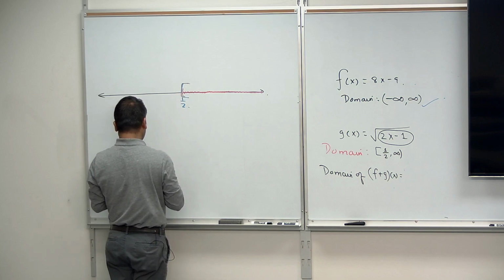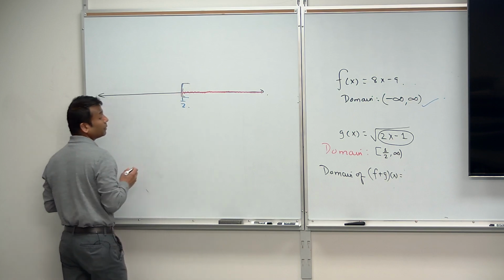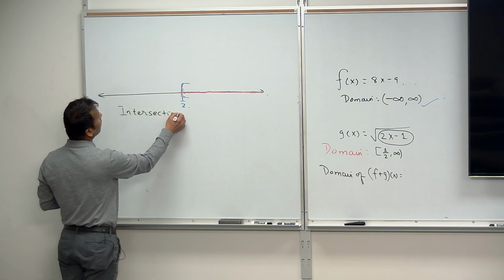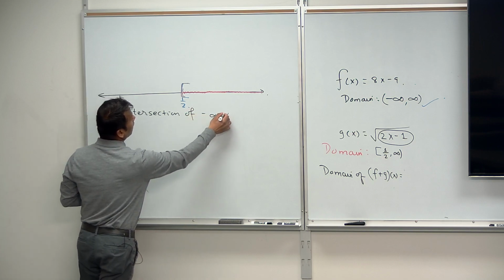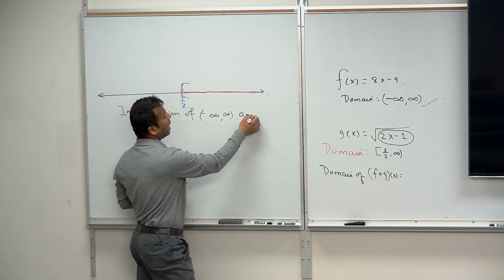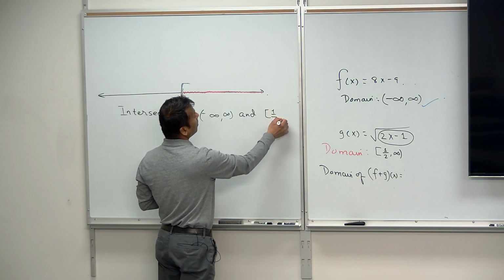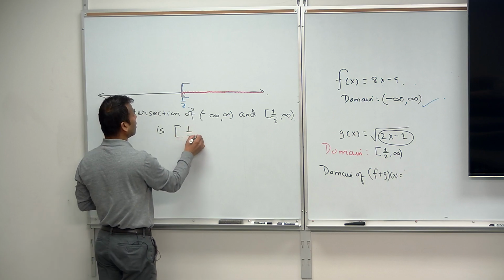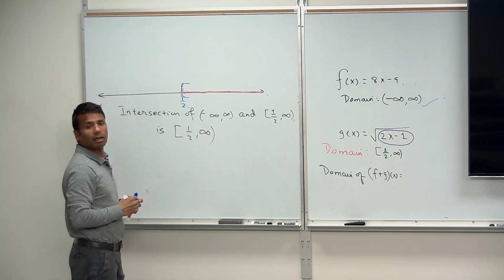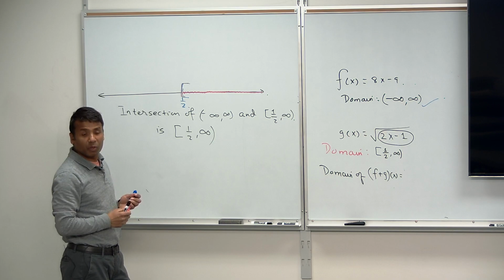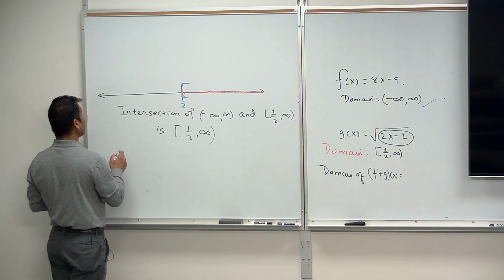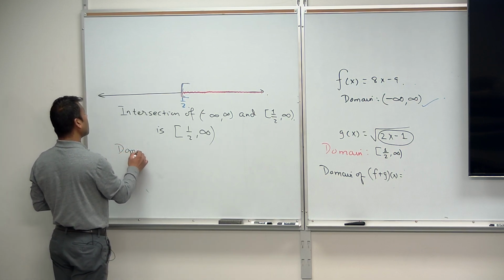So now the intersection of negative infinity comma positive infinity and 1/2 comma positive infinity is this. Are you with me? You know the intersection means, right? The common. So what will be the domain of f plus g?